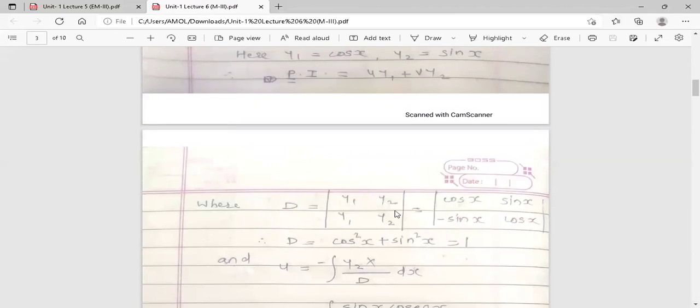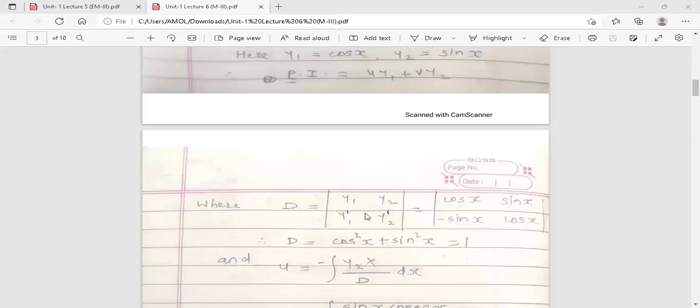D is the determinant with first row y1, y2 and second row y1 dash, y2 dash.